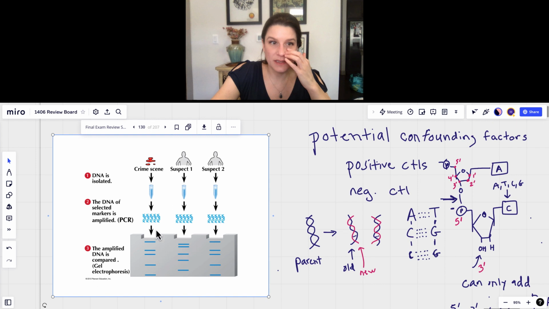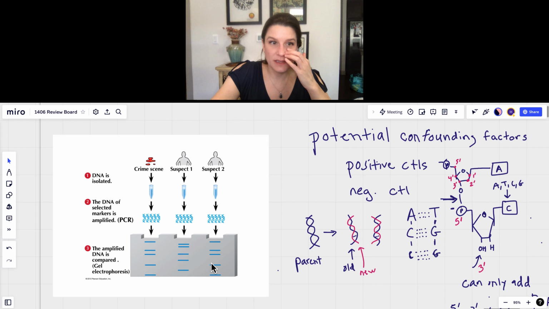So you can see here the crime scene and suspect 2 have the same pattern, which means they have the same size fragments, which means those two are matching. If you do enough PCR products, we look at 13 sites. So you do PCR on 13 different parts of the DNA, and each part has 2 alleles, right?